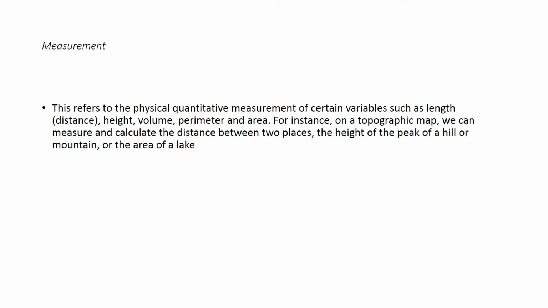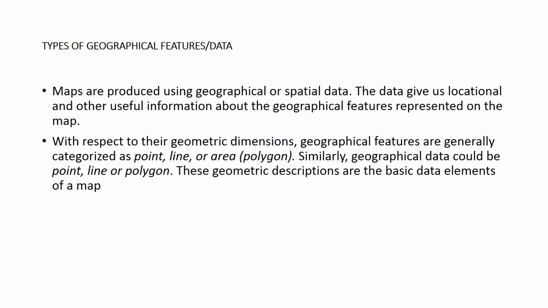We use contours. Contours are lines of equal height on a map. The distance between one contour and the other is a known height, such that we can count the height and get exactly the distance, either from one place to the other or above another.